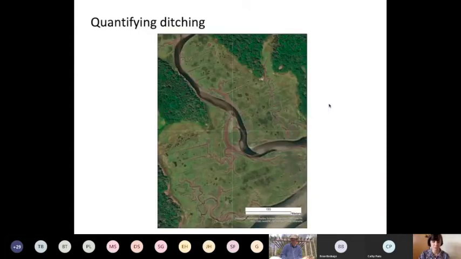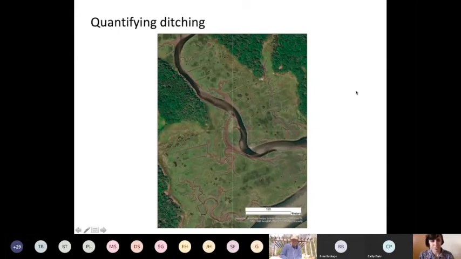A good place to start with my metrics was digitizing the ditches in all of my marsh sites. So you can see that using aerial imagery, it's pretty easy to pick up on the linear man-made features in these marshes. These ditches were probably dug in the 1930s by CCC workers who were trying to drain the marsh pools and all the habitat for the salt marsh mosquito.